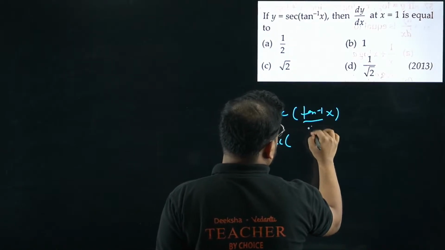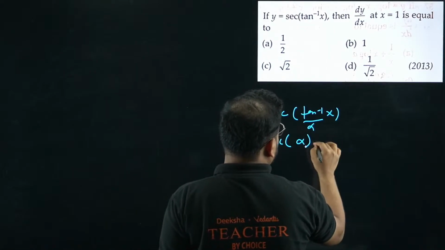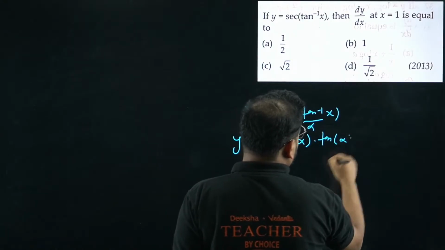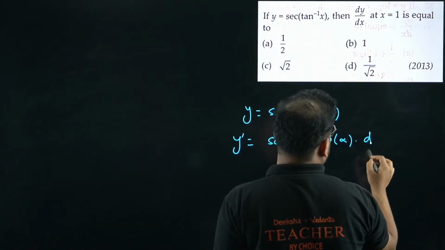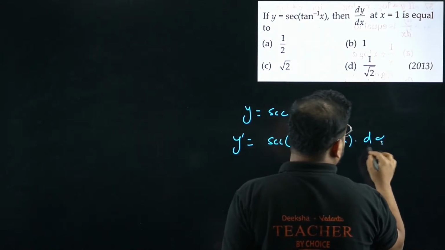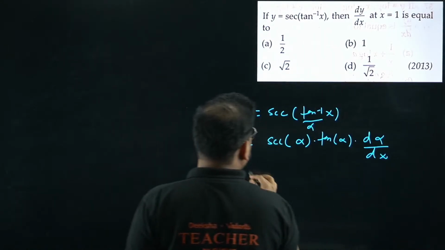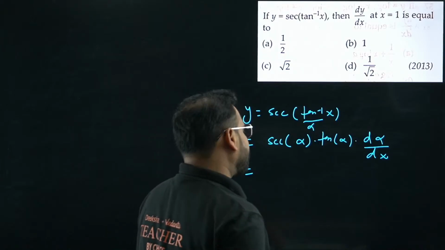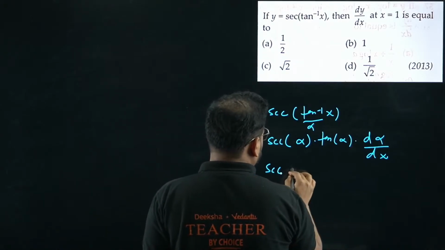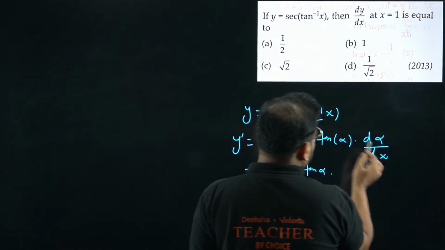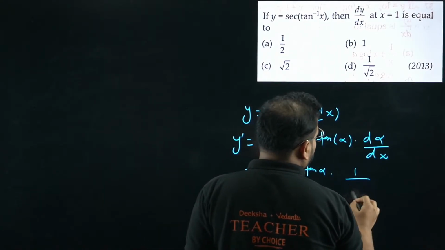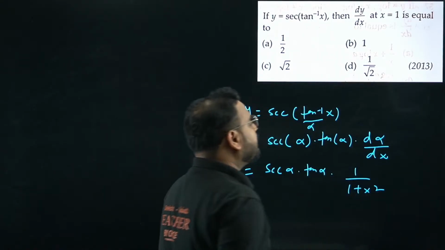If I call this alpha, it will be sec alpha tan alpha times the derivative of tan inverse, so d alpha by dx. Sec alpha tan alpha, and the derivative of tan inverse will become 1 upon 1 plus x square.